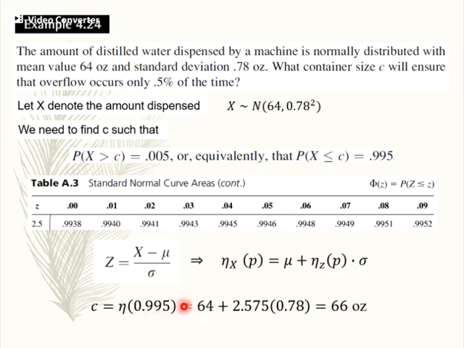Our mu is 64 from the question, we got 2.575 from the tables, and sigma is given in the question, 0.78. If you solve this, you get 66 ounces.